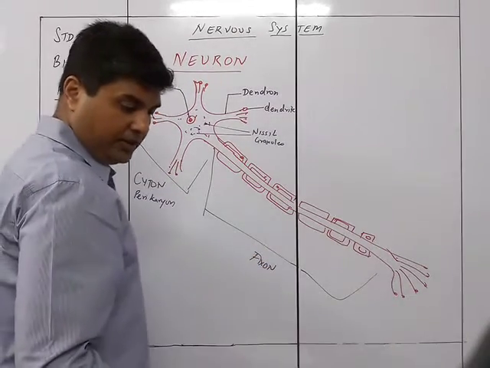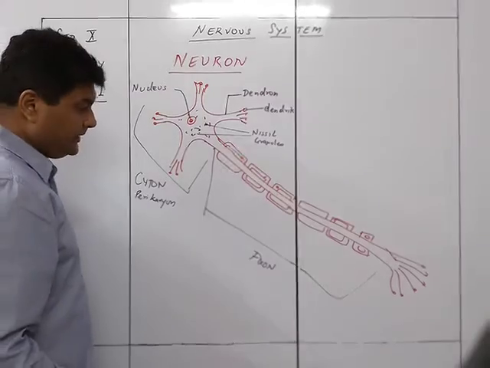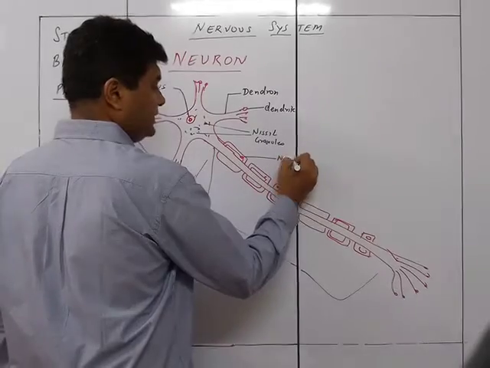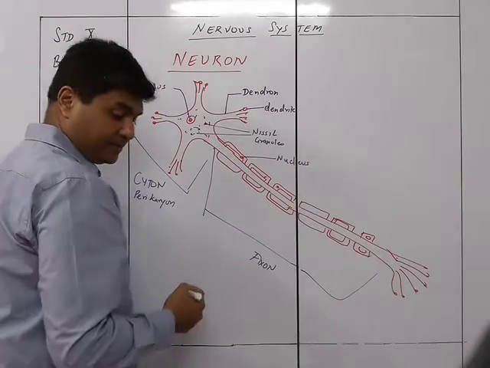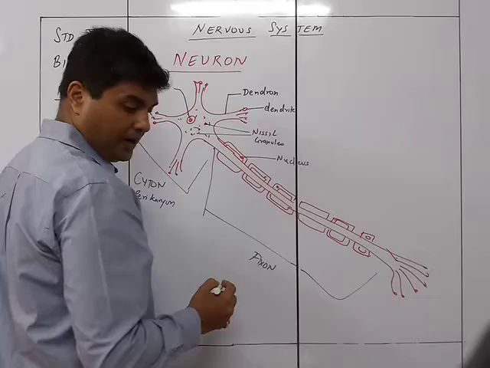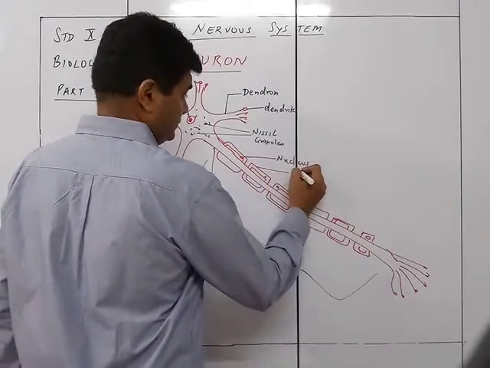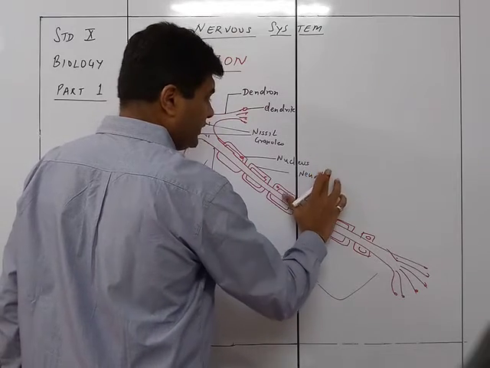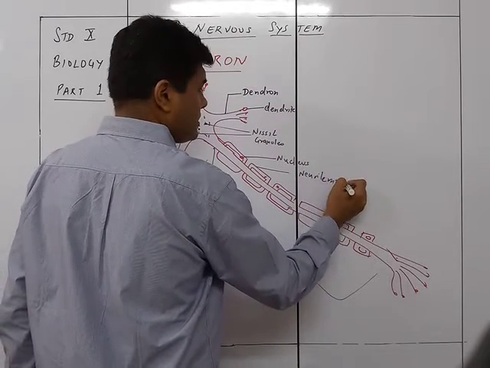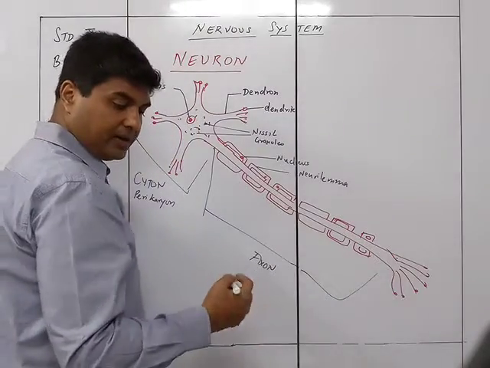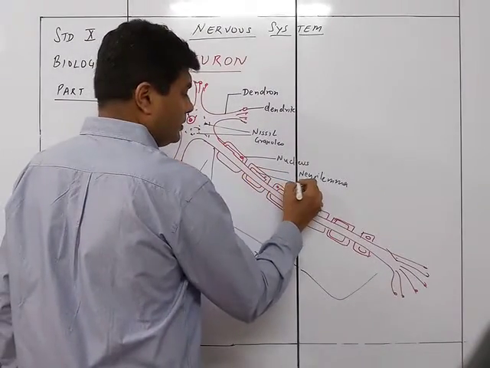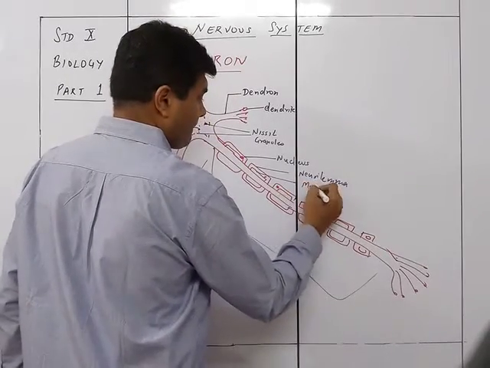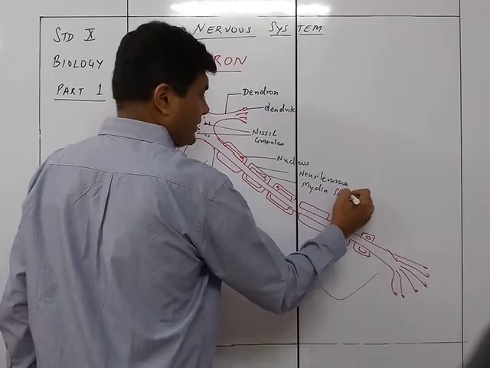That's the axon, the nerve fiber, and then there is a nucleus inside this, and then the outermost sheath, the outermost part, is the neurolemma. The next sheath underneath is the myelin sheath.